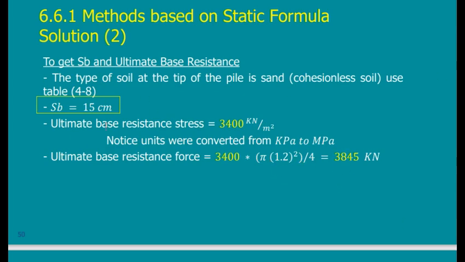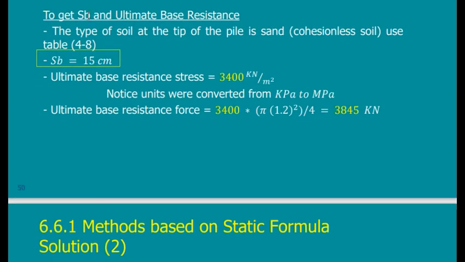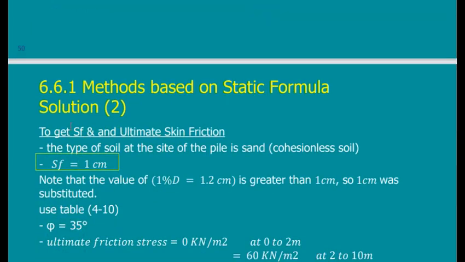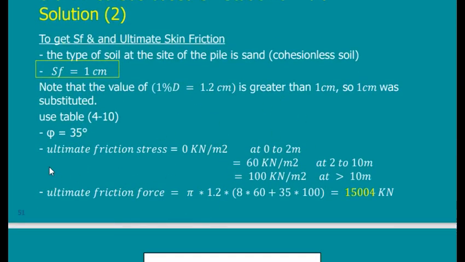So this is the first point, for SB and the ultimate base resistance. This is for SF and the ultimate skin friction. Here the SF was 1 centimeter, and I go to the table the same way. Here it was table 4.10, and I get the values.